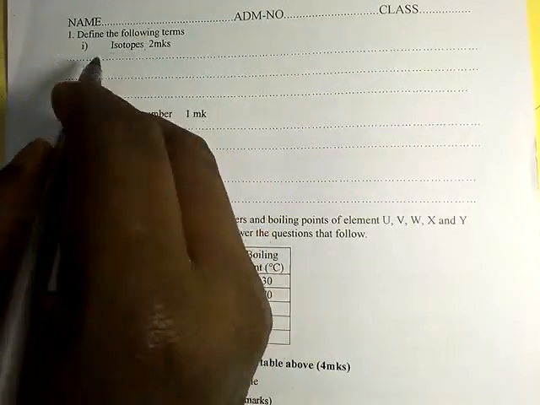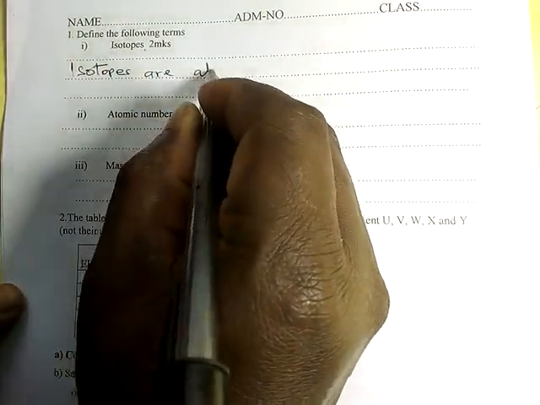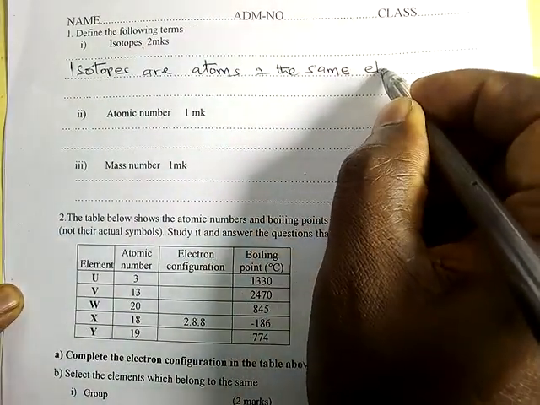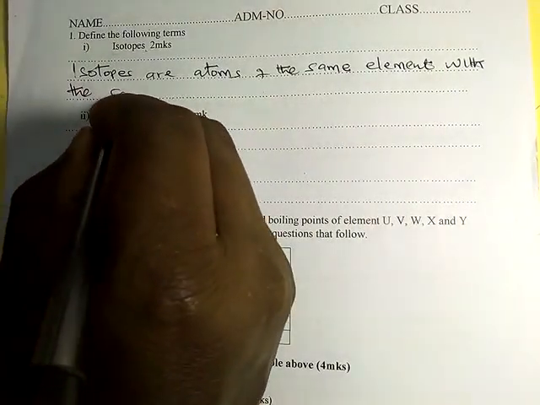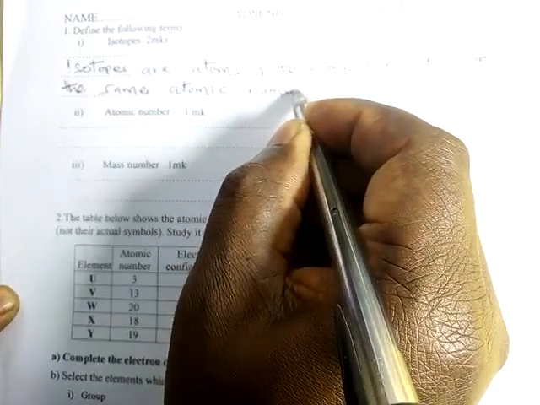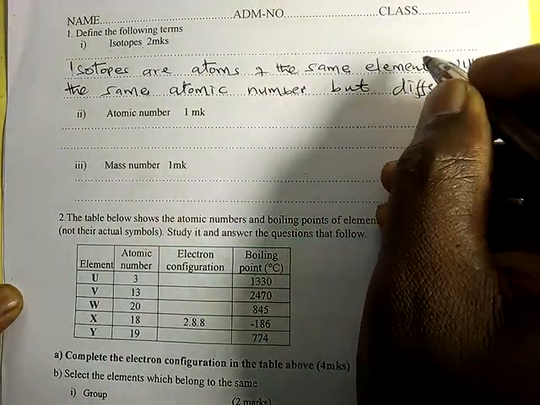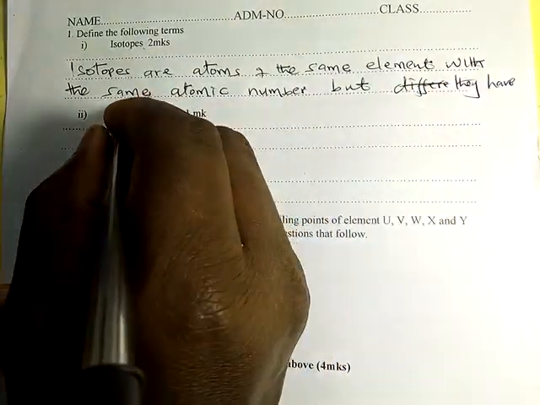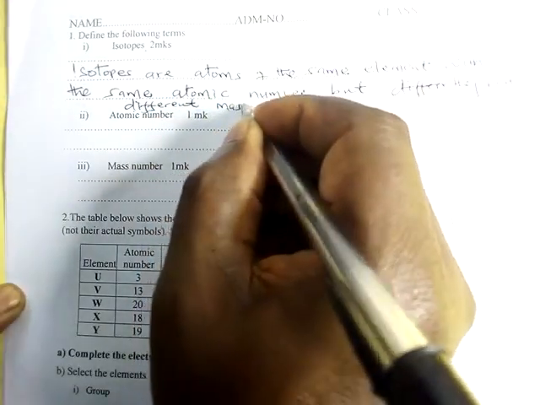Isotopes, it is plural, so isotopes are atoms of the same element with the same atomic number, but they have different mass number.